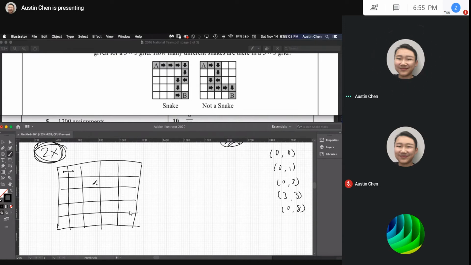Okay. So now what do we do? You can think about this for a while. One thing that I would notice is that let's say you're on the fourth row. Then where can you go? You just came down and you're on the fourth row. When you go down from the fourth row, you can't ever turn left, right?